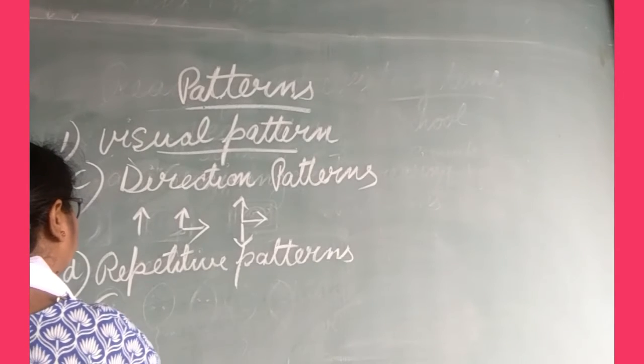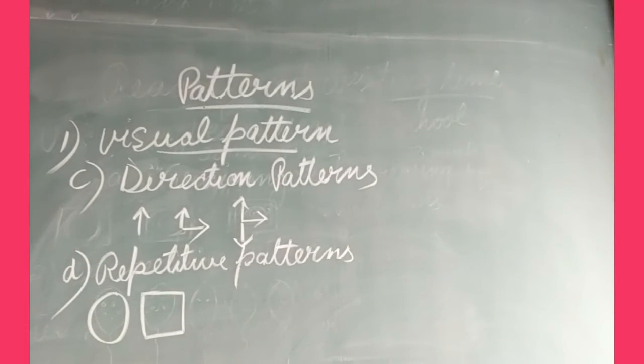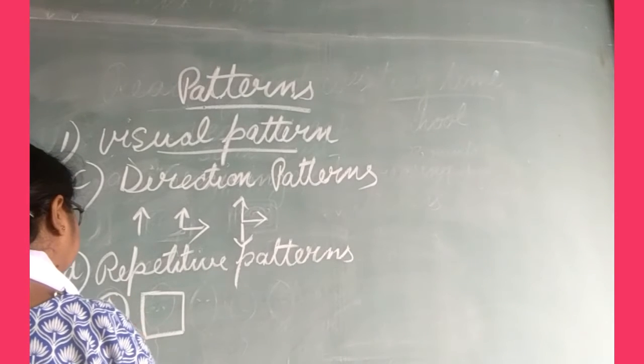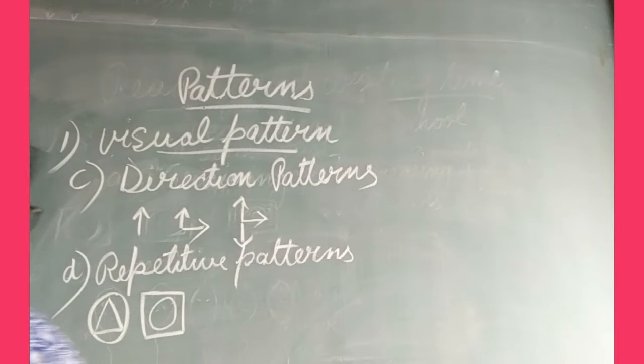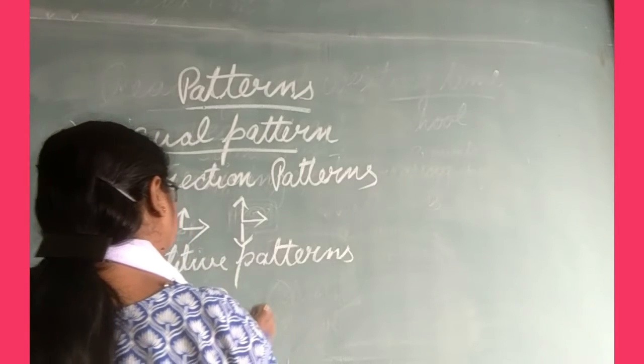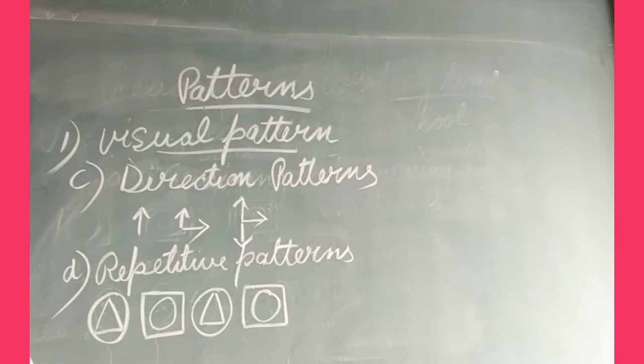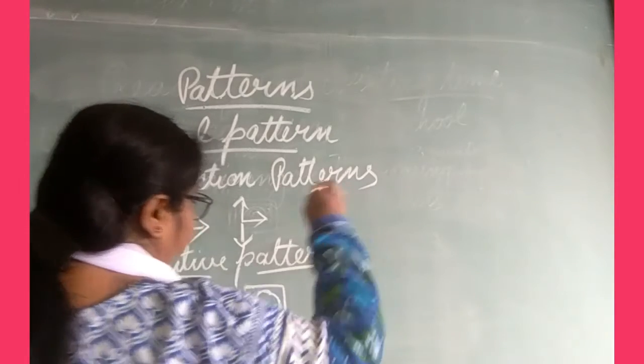First you see 1 square and 1 circle, and inside the circle 1 triangle, and a square with 1 circle. So the pattern will be repeated. Again a circle with 1 triangle, again a square with 1 circle. This is a repetitive pattern.